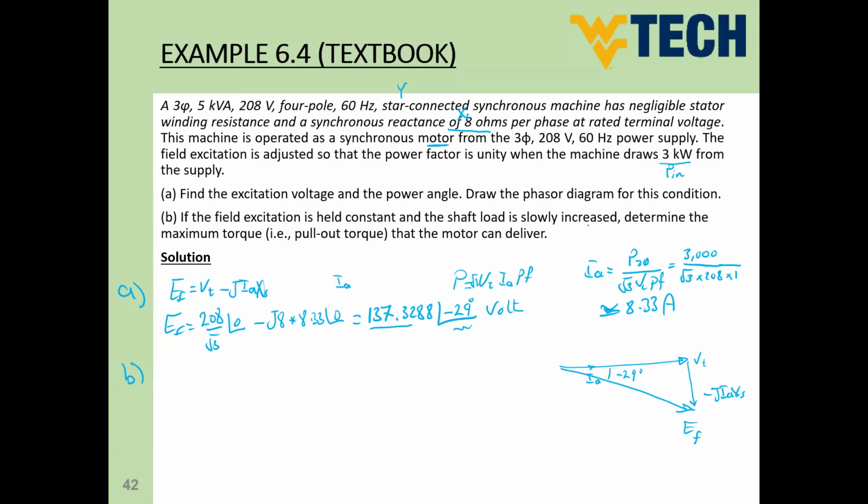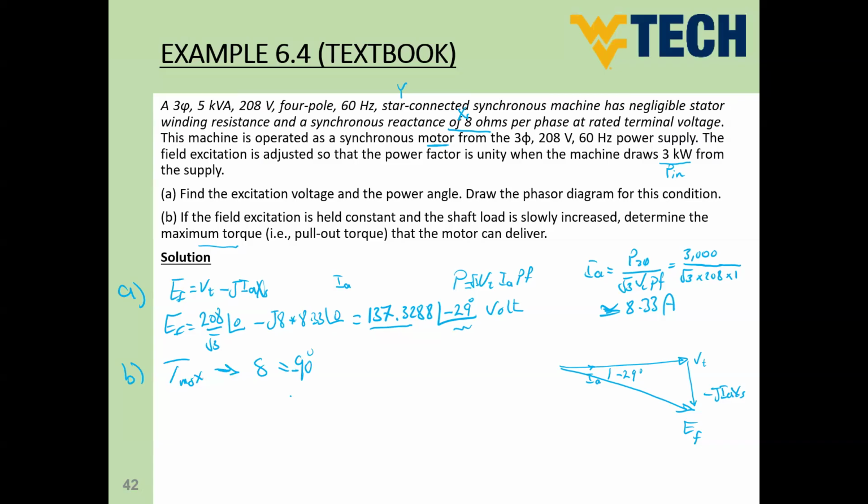So the mechanical power will increase, which means the amount of power is going to increase, which means also the delta value is going to increase. What is needed here? Determine the maximum torque or the pull-out torque. You remember, guys, we mentioned that maximum torque or maximum power condition is going to happen at delta equals 90 degrees. But here for a motor, it's going to be at minus 90.